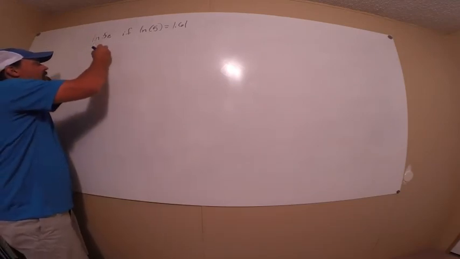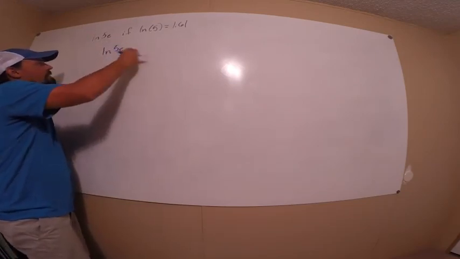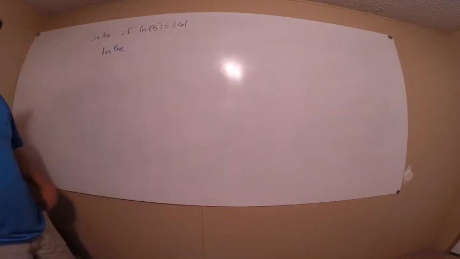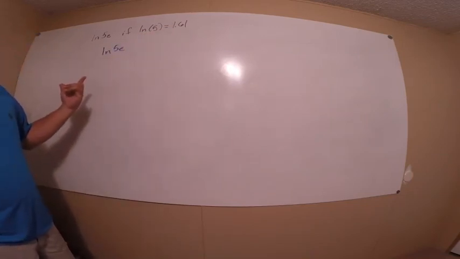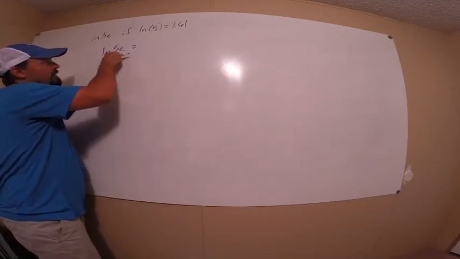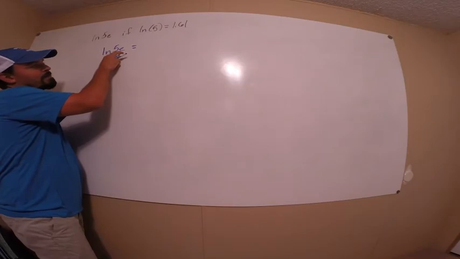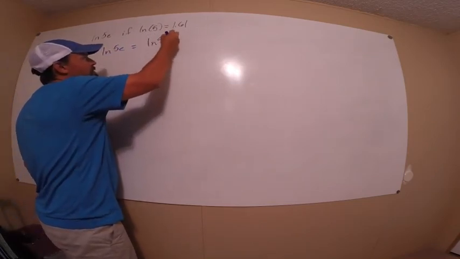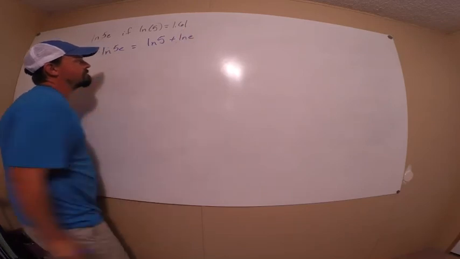So if I take this natural log of 5e, all I have is this natural log equals 1.61. And obviously I need to get a natural log of 5 by itself. To do that, I can use my property that says if I multiply on the inside, I can add if I split them up. So I've got a natural log of 5 plus a natural log of e.